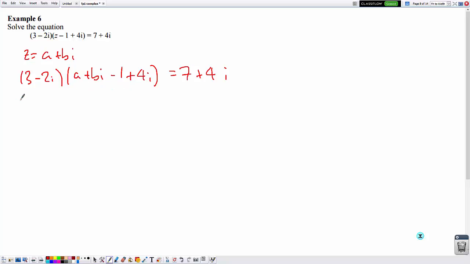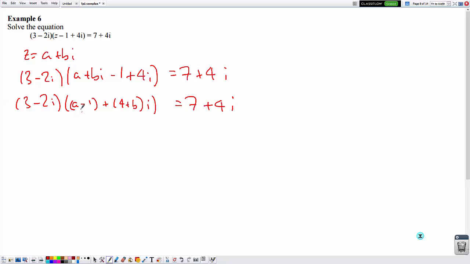So this is the 3, although you don't need to do this step if you don't want to. So I've got a minus 1. I'm just going to think about that as one object. And I've got a 4 plus b, or b plus 4, doesn't matter. And that's equal to 7 plus 4i.